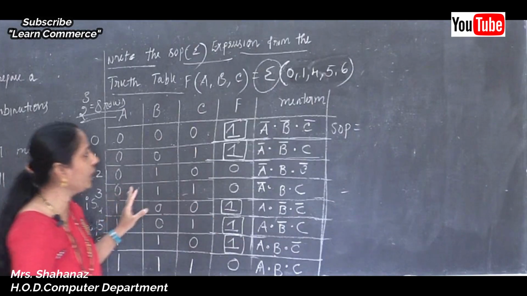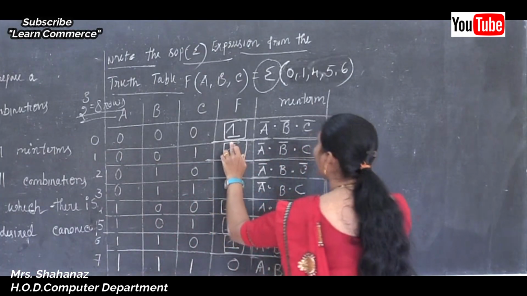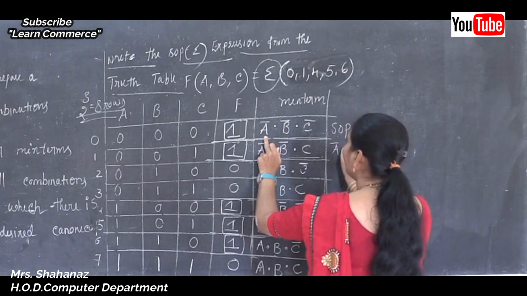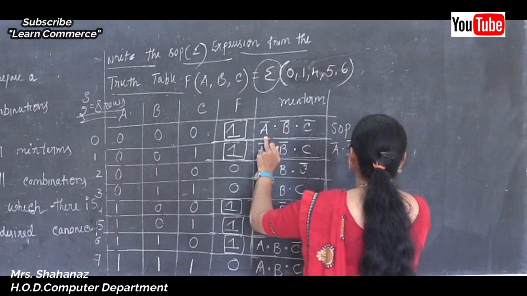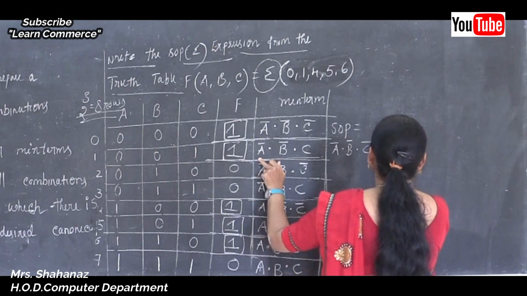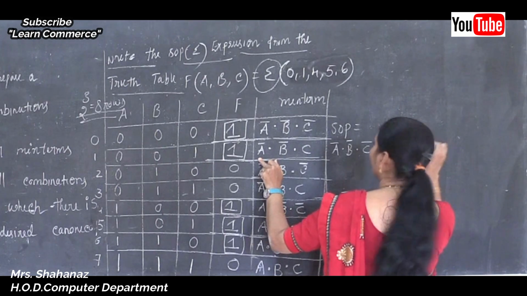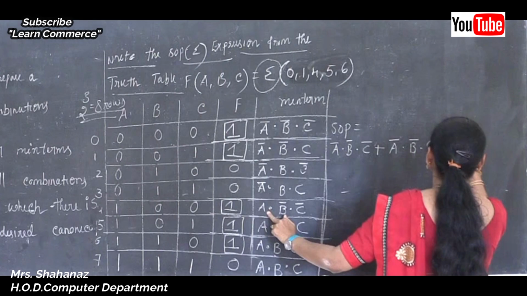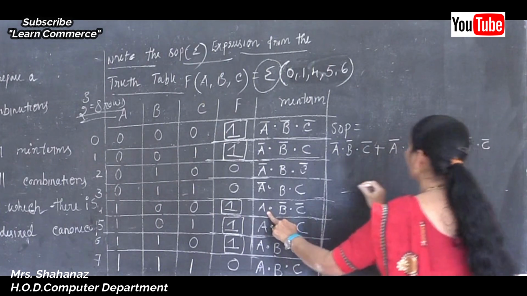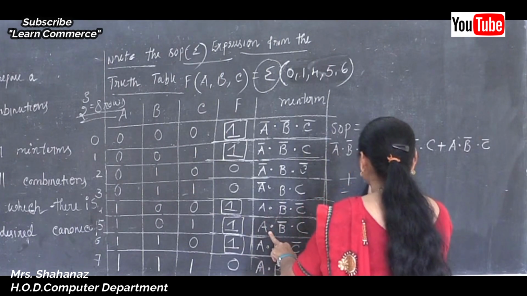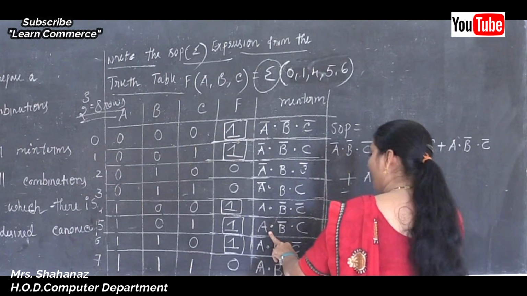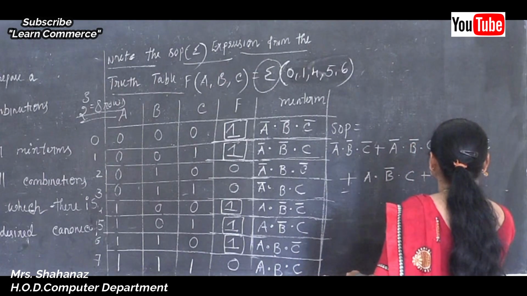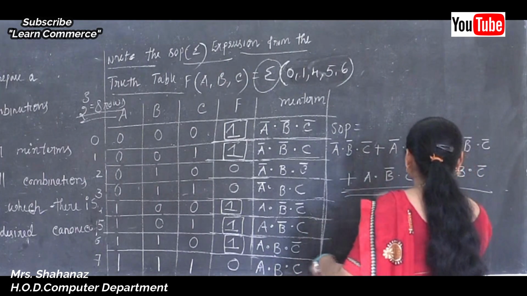Now I want to form the SOP, so I am going to take the values. The SOP is equal to complement A and complement B, complement C, plus complement A, complement B, C, plus A, complement B and complement C, plus A, complement B and C, and plus A and B and complement C. So this is the SOP.